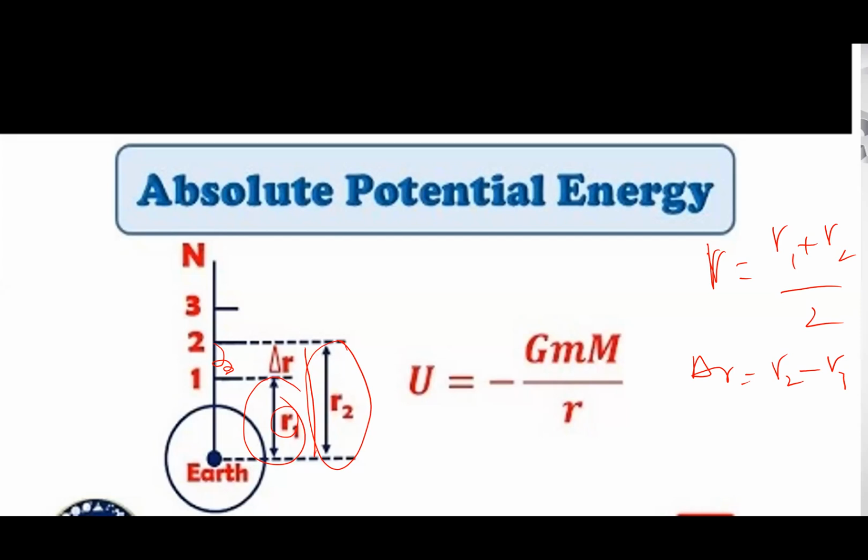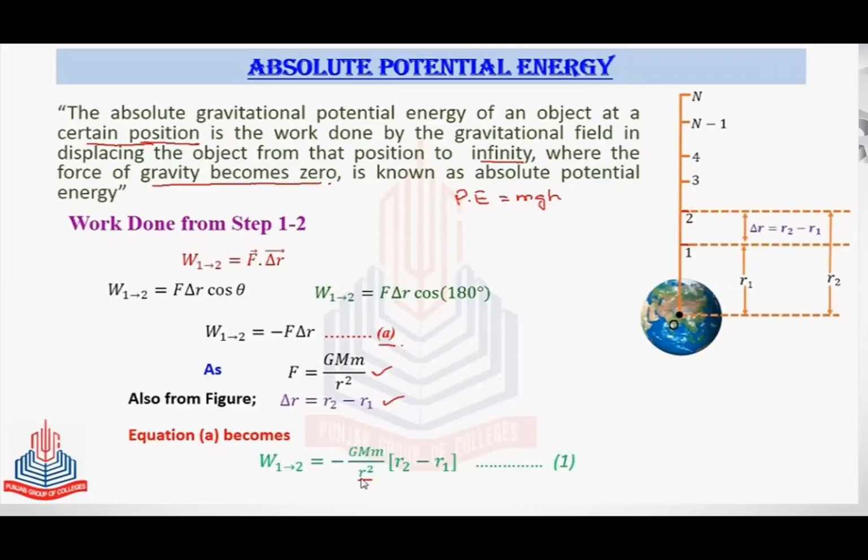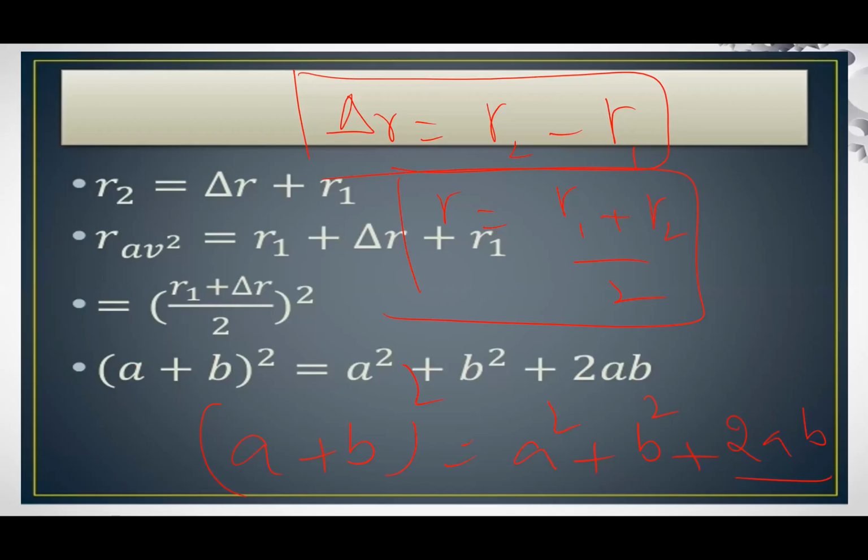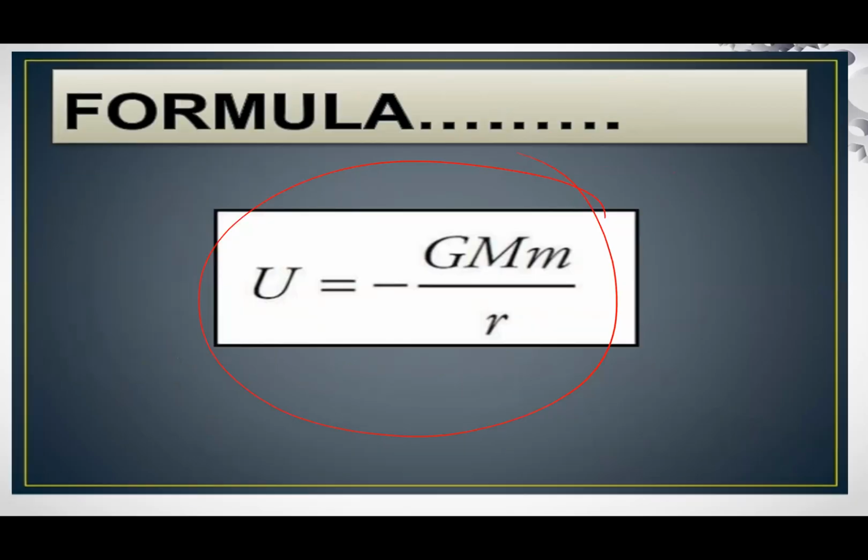Now we will verify some equations. Absolute potential energy is further explained, but I will do a little derivation here. Del R is equal to R2 minus R1.